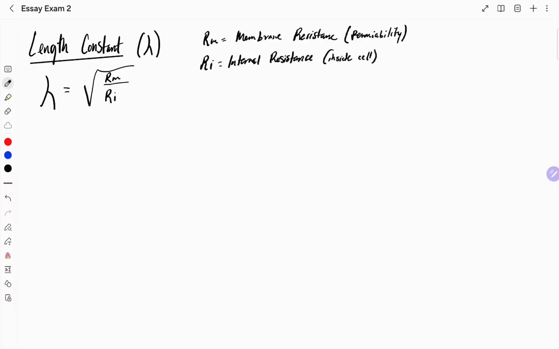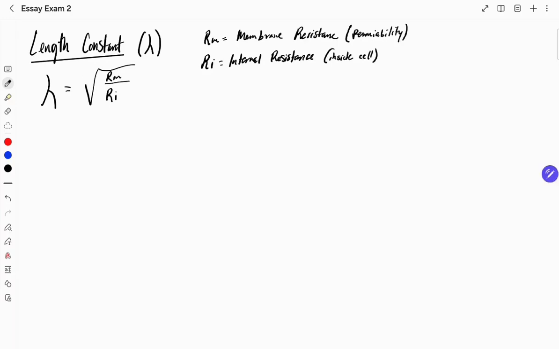So resistance meaning the inhibition of an electrical signal moving through the neuron down the axon. So when we think about length constant, essentially what that is, is how far an electrical signal will move down a neuron's axon before it loses strength to a certain point.